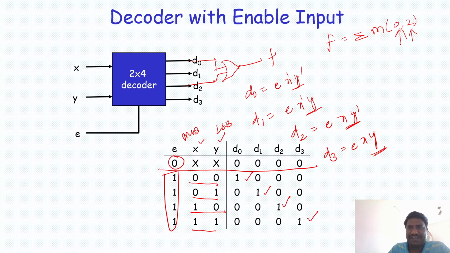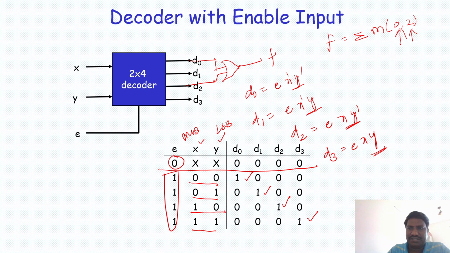Even you can go for half adder implementation. How to implement half adder? What is half adder? Half adder implementation with respect to function. We know the min terms, just we need to take that.